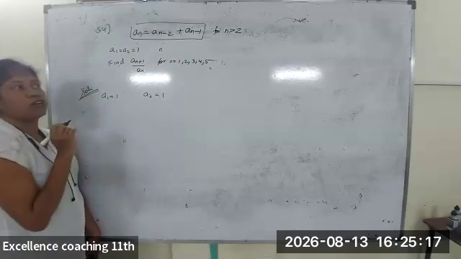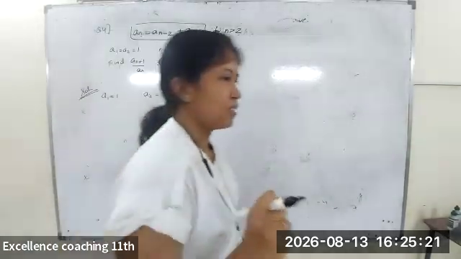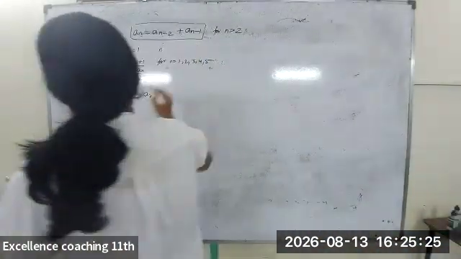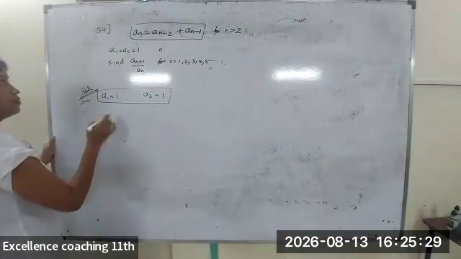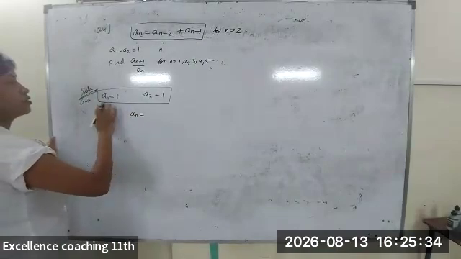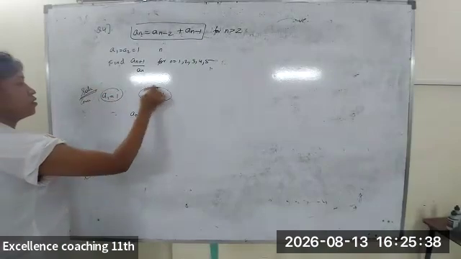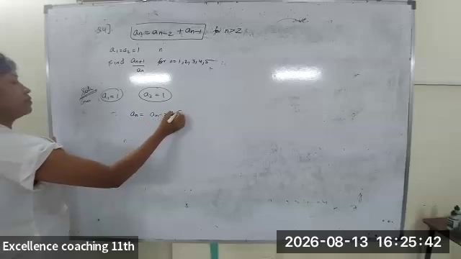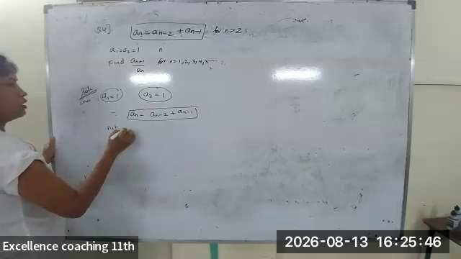So A1, A2 we got. Now find A3, A4, A5, A6. Take this formula now. These are already given, so two values we already got. Put n equals 3 now.